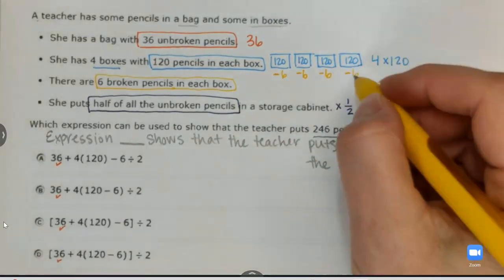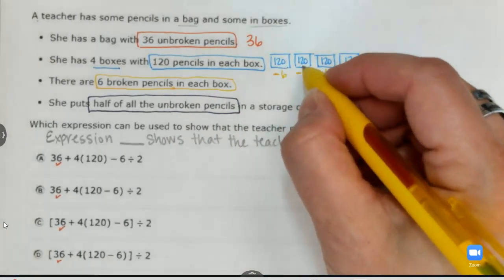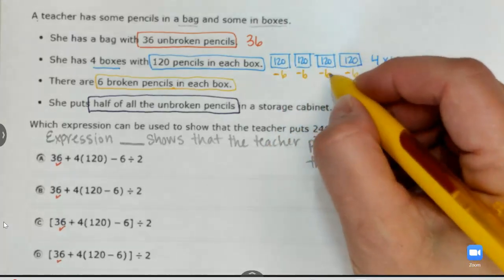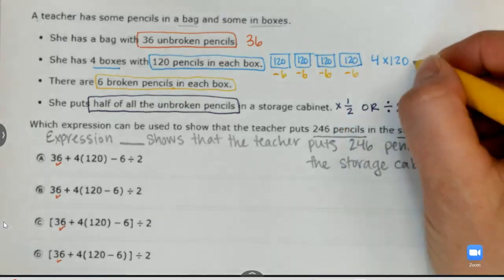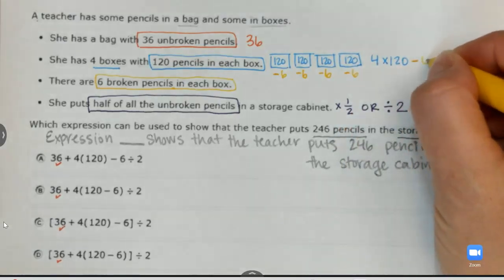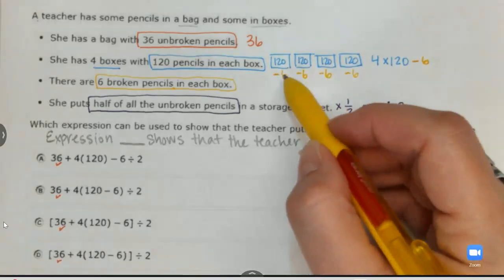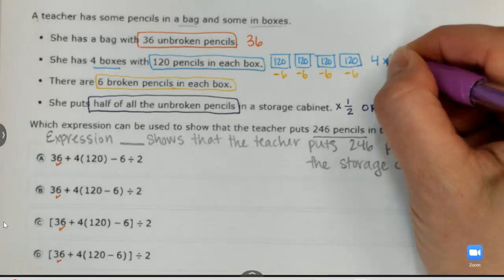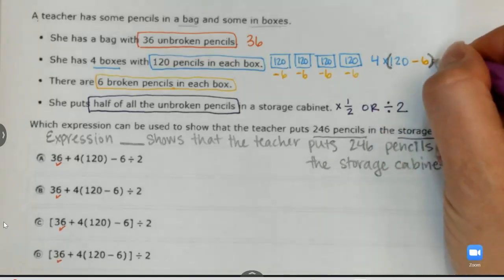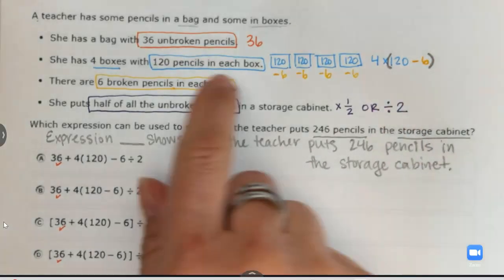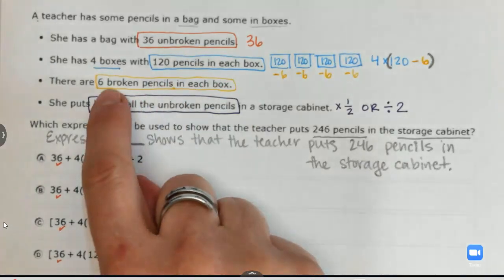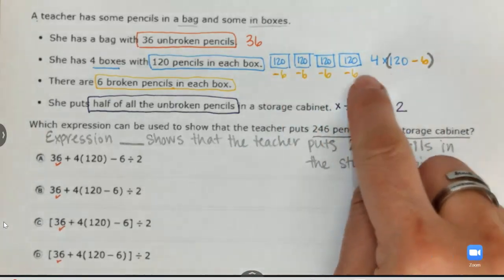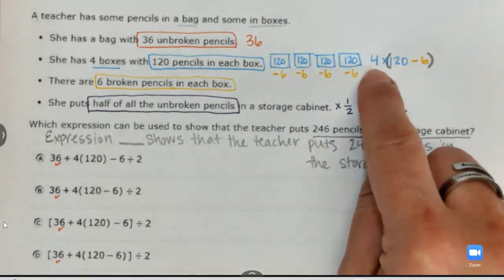So every time we have 120, we're subtracting 6. 120 subtracting 6, 120 subtracting 6, 120 subtracting 6. So that's going to happen 4 times. This is going to be grouped together. The 120 pencils in each box with 6 broken pencils in each box is going to be grouped because that is going to happen 4 times.